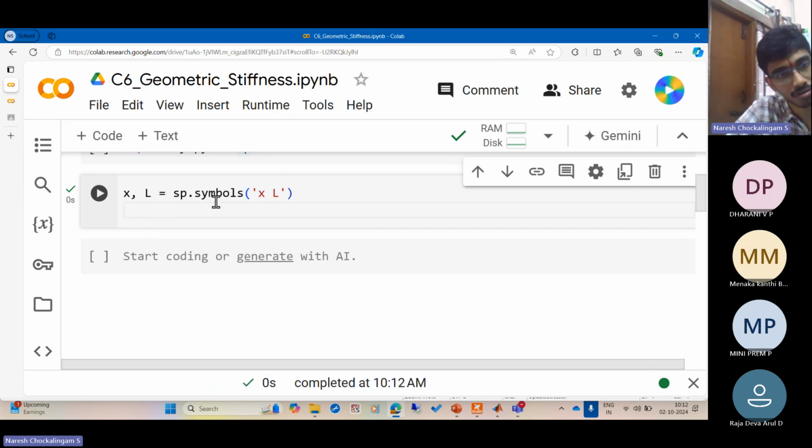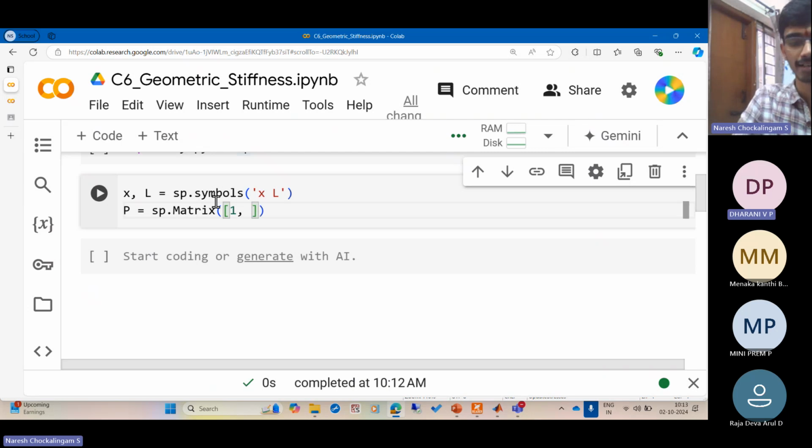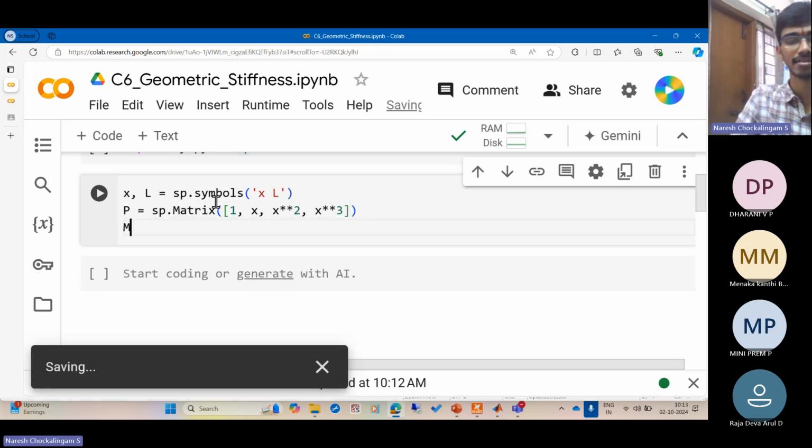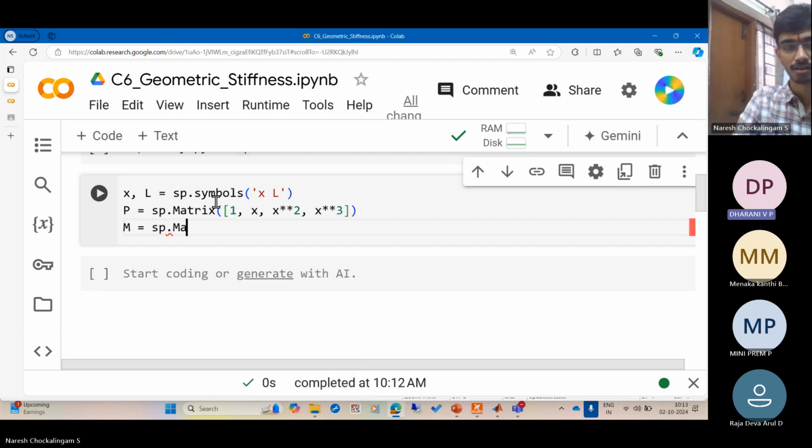Next, what do we do? I need an M matrix, or let me first have a P matrix. To define a matrix, you say sp dot Matrix, and then write whatever you want inside. So it is 1, x, x double star 2, x double star 3. Very good. Then what is the M matrix? We just got it. So I'll write it as sp dot Matrix.